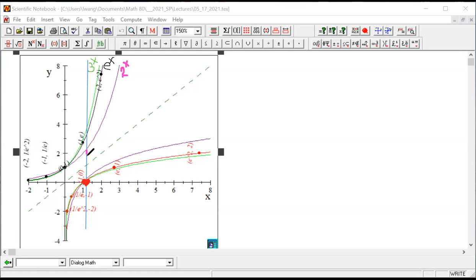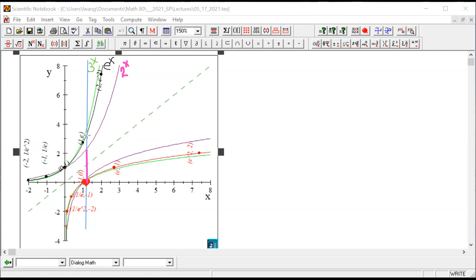I can use the straight line. Purple. Okay, the purple is the function value you get for 2 to the power x. And the black, I'm going to use the black for e to the power x.